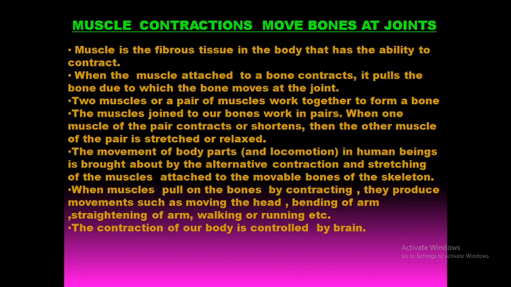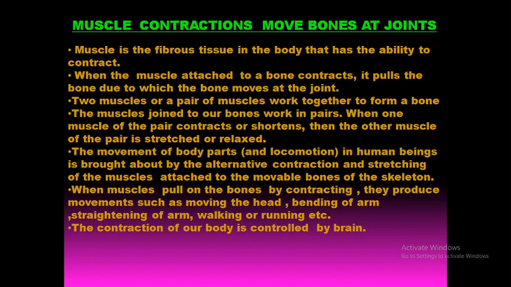So the movement of the body part or the locomotion is brought about by the alternate contraction and stretching of the muscles which are attached to the movable bones of the skeleton.